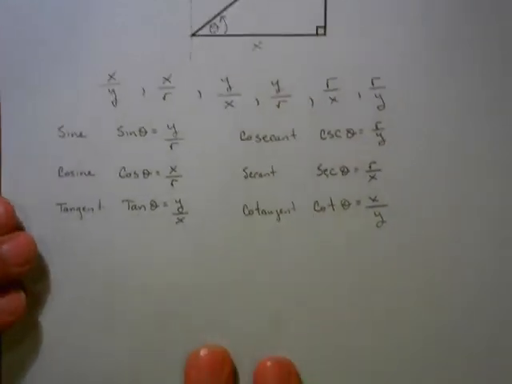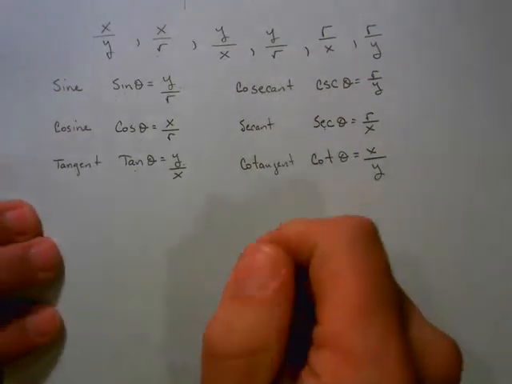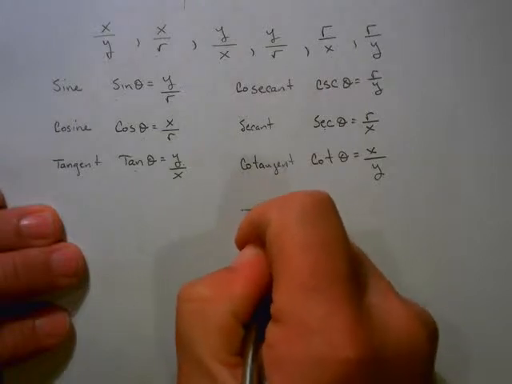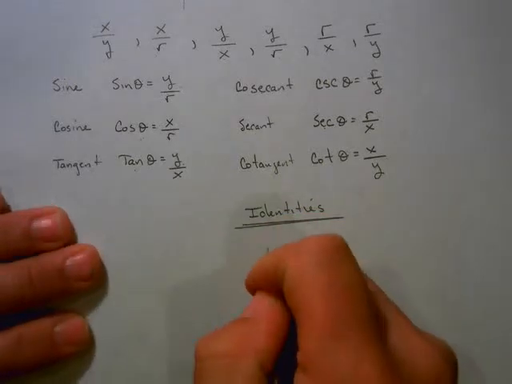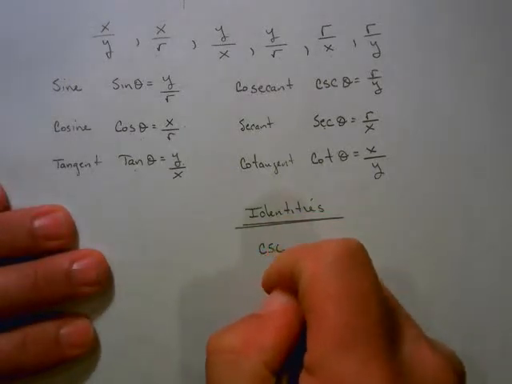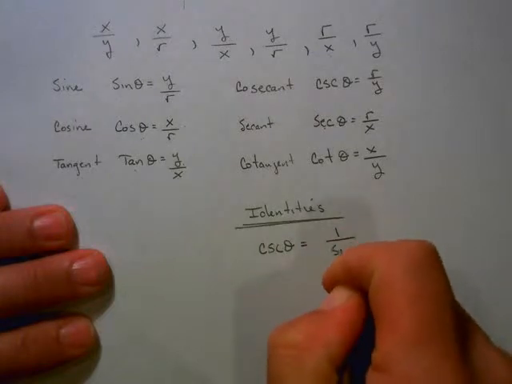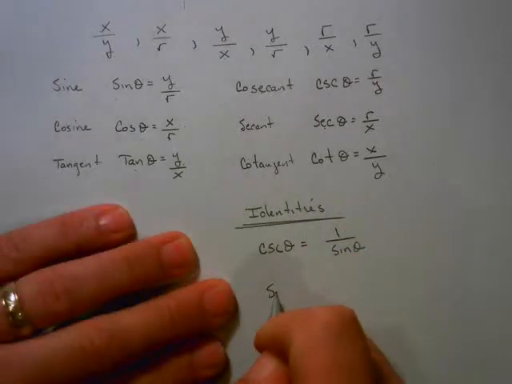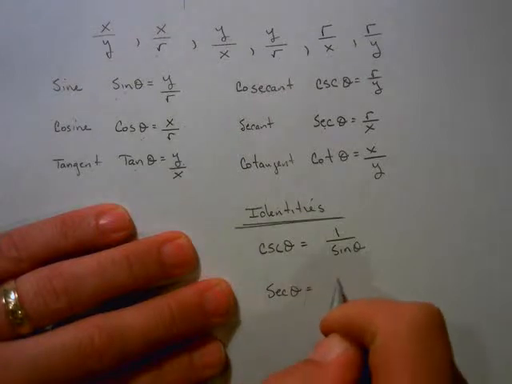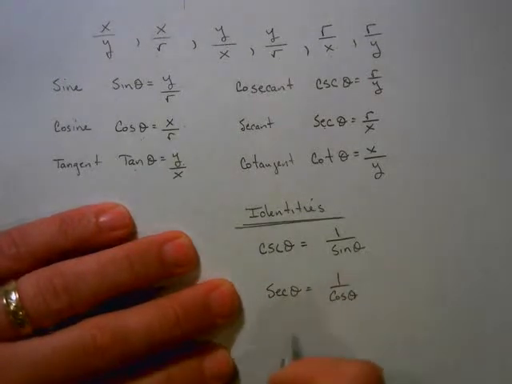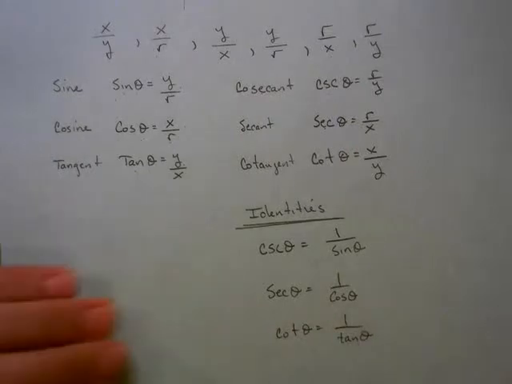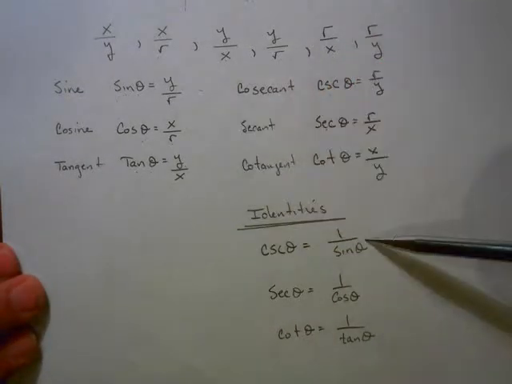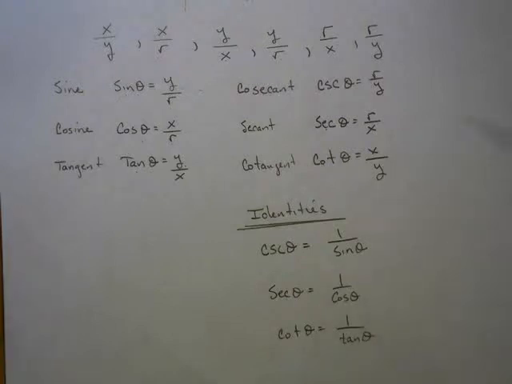Now, we're going to have some identities. We already know some: cosecant theta equals 1 over sine theta, secant theta is 1 over cosine theta, and cotangent theta equals 1 over tan theta. Once we find our first three, the other ones are just the reciprocals.